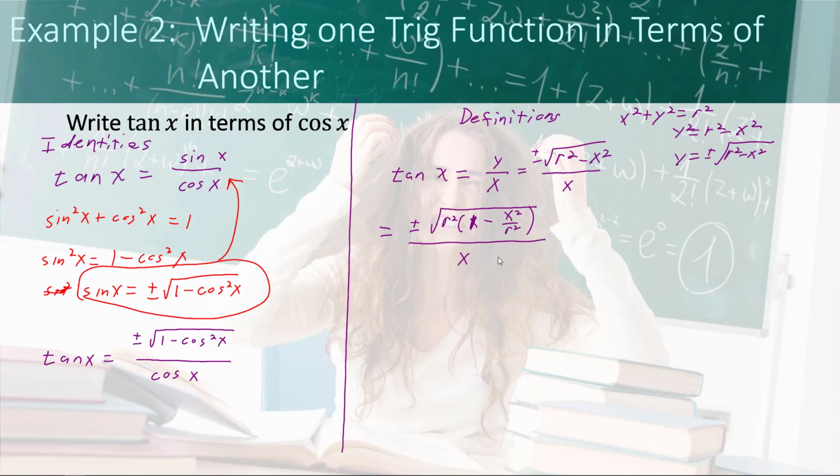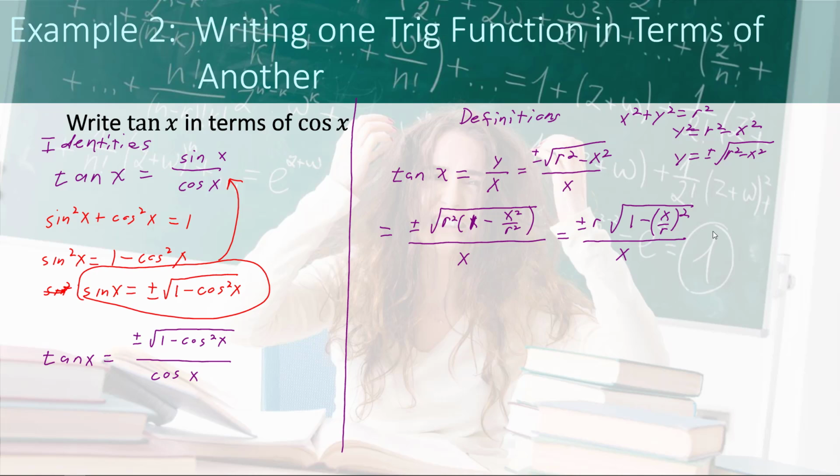And now I can factor out that r squared, and that will give me plus or minus r times the square root of 1 minus x over r, the entire thing squared, divided by x.